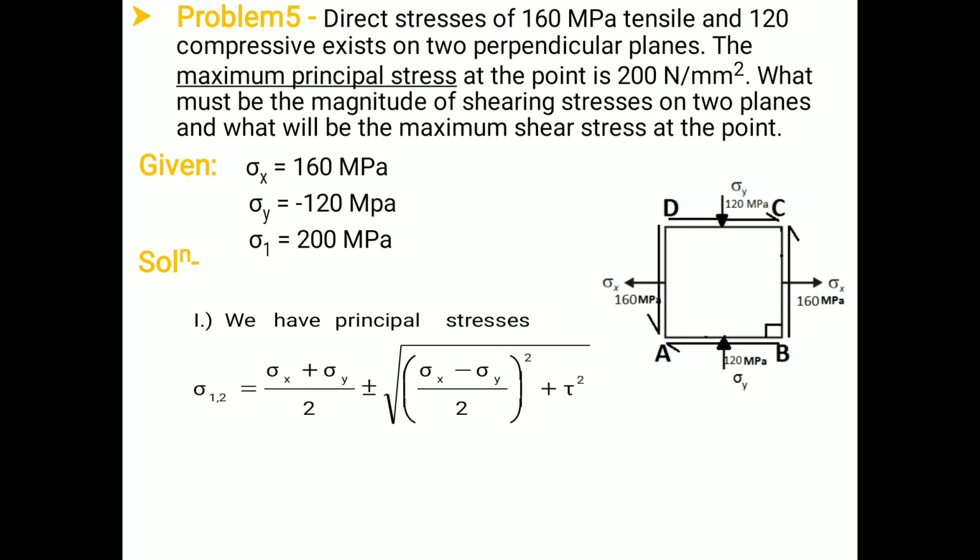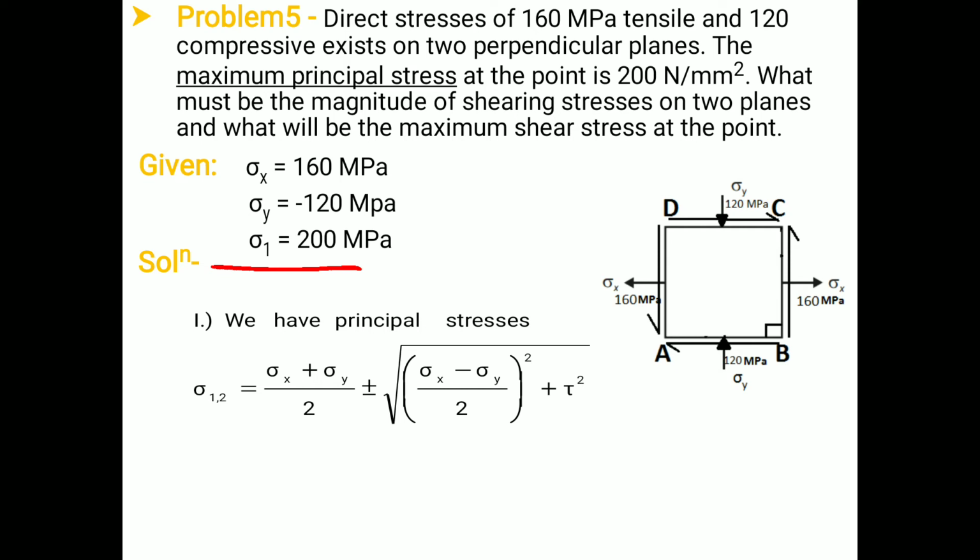We have the second stress, sigma y, as minus 120 MPa because it is compressive in nature. We also have sigma 1 as 200 MPa because it is the value of the principal stress, and as it is the maximum principal stress, you assume it positive.